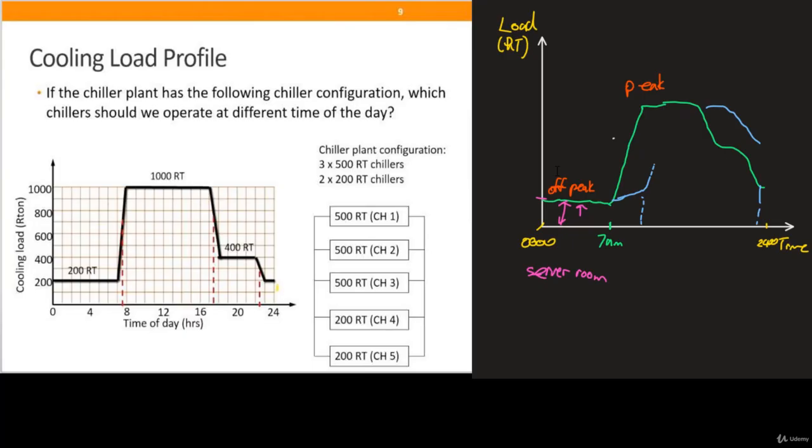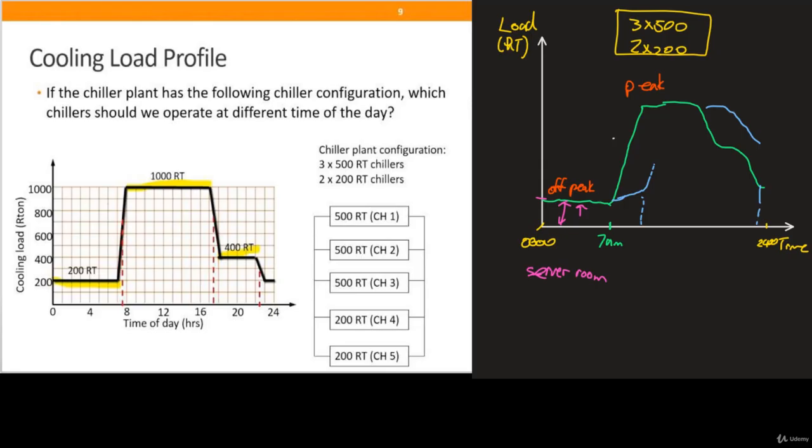So if we are able to get our load profile out, how are we going to size the chiller or select the correct chillers for the correct time? For example, if you look over here, during the off-peak period, it is operating at 200 ton, and from morning onwards until afternoon it is running at a peak load of 1000 tons, and during the evening it drops to 400 ton.